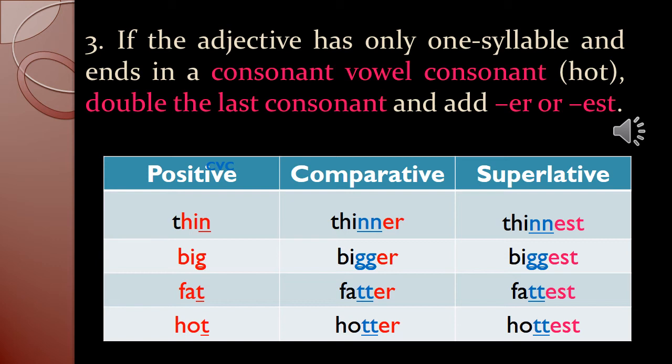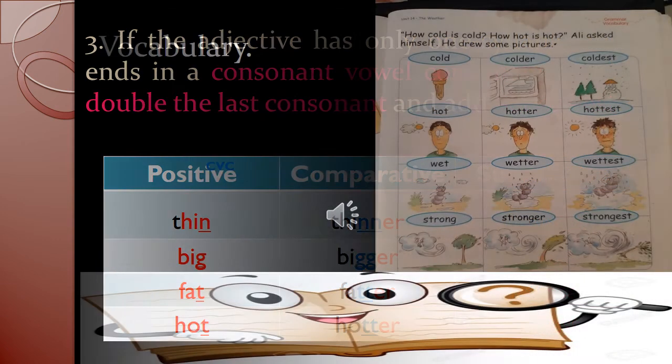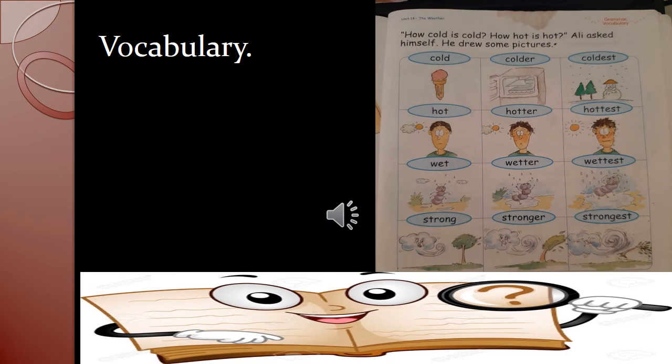Okay, these are some extra rules, boys and girls, and hopefully you don't have to remember them all too well, but you must know the words on the next page. So practice reading them out loud with your teacher. Okay, so let's read this page together nice and slowly. How cold is cold? How hot is hot?